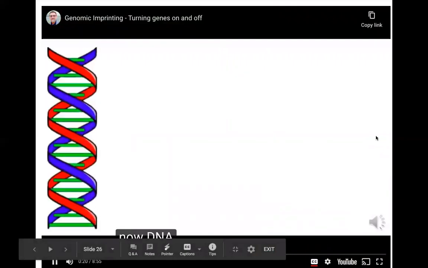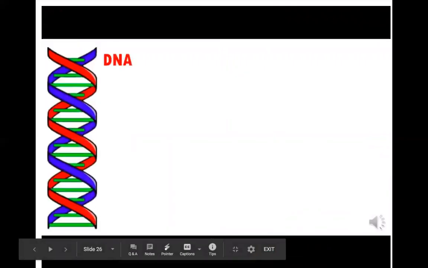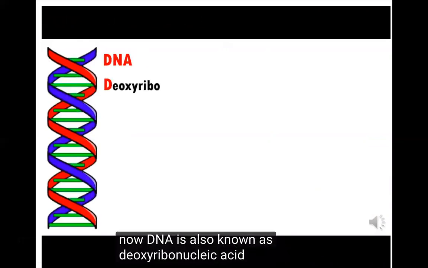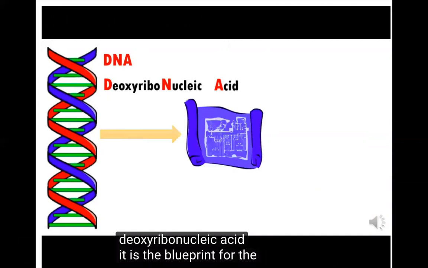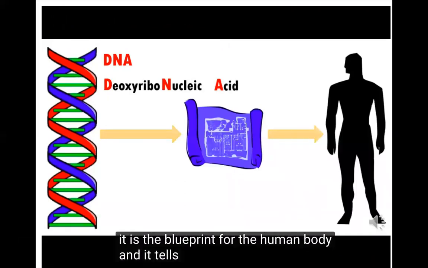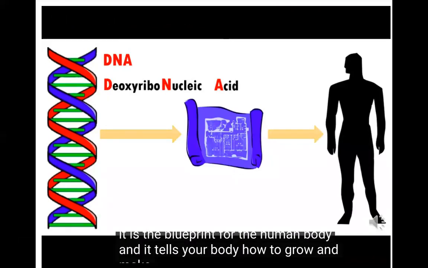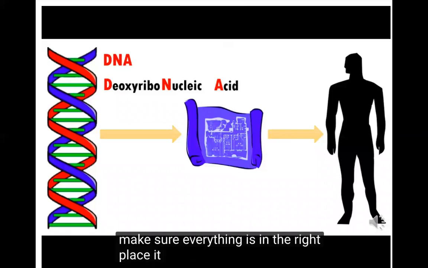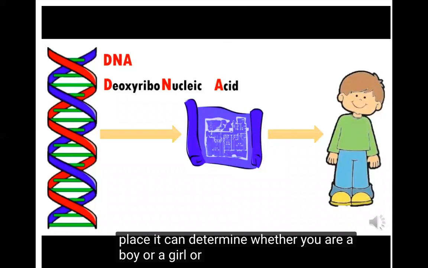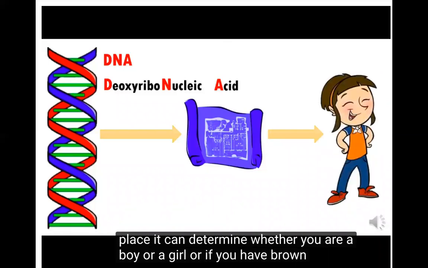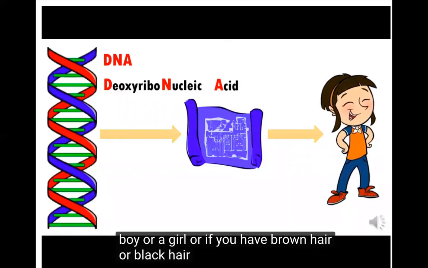Now, DNA is also known as deoxyribonucleic acid. It is the blueprint for the human body, and it tells your body how to grow and make sure everything is in the right place. It can determine whether you are a boy or a girl, or if you have brown hair or black hair.